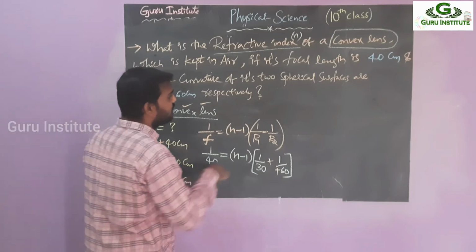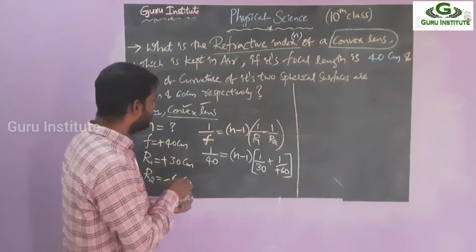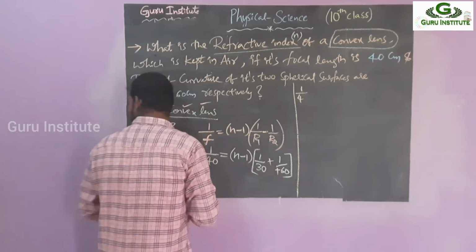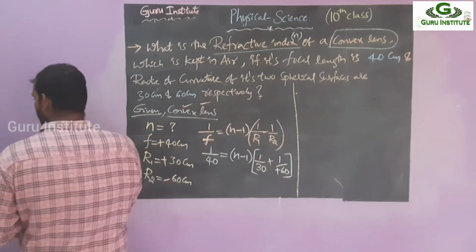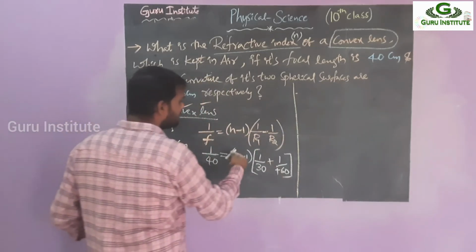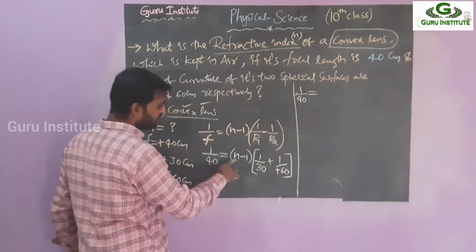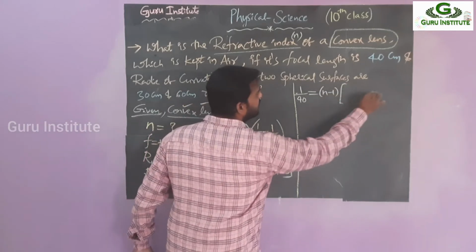So what is the next step we have to write? After this, 1 by 40 stays 1 by 40 only. That is equal to n minus 1 into, take the LCM.